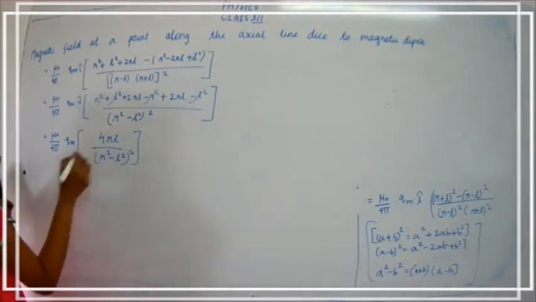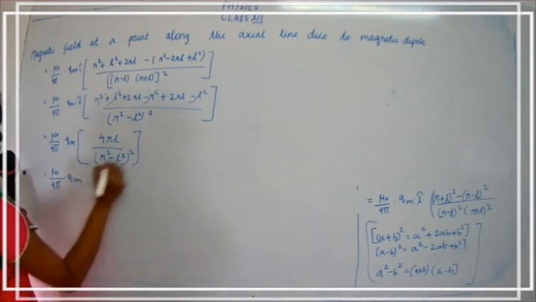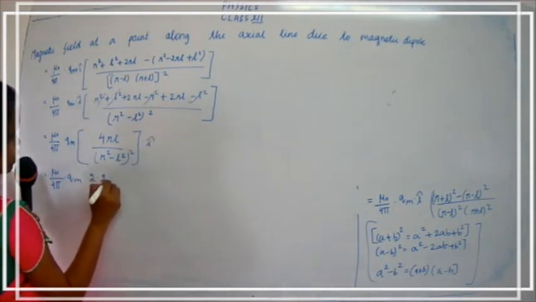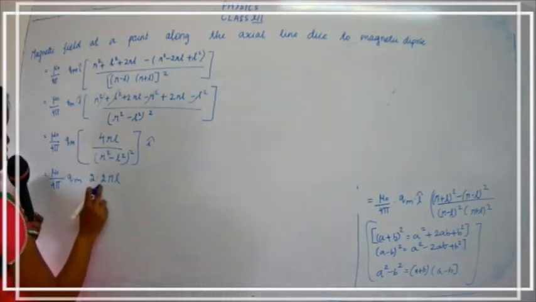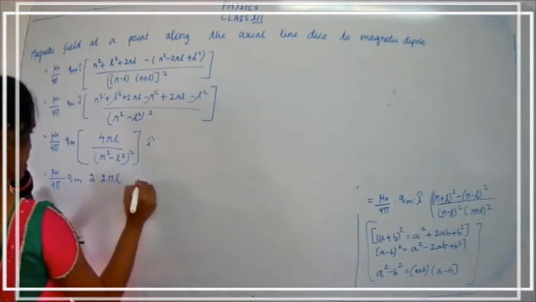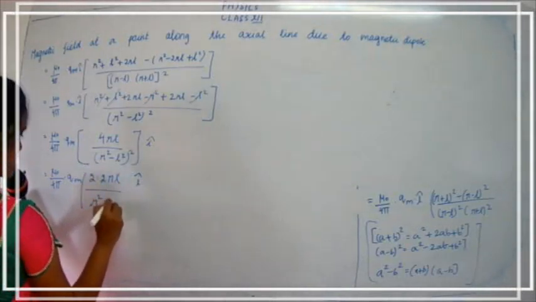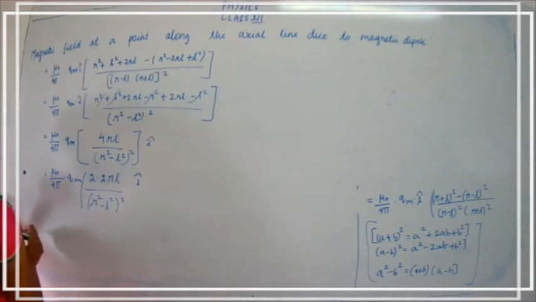Now write it as mu naught by 4 pi into Qm. 4rL is written as 2 into 2rL, into i cap divided by r square minus L square the whole square.